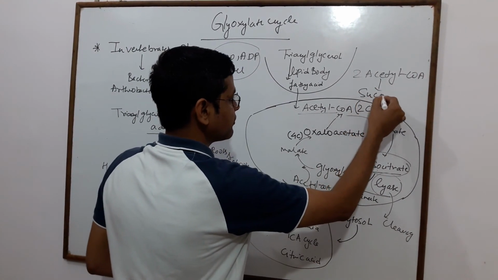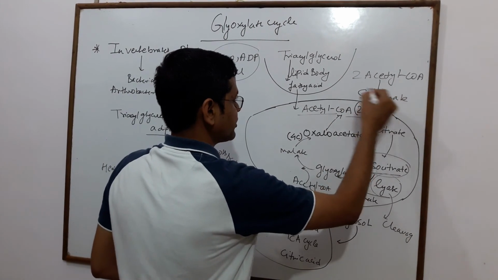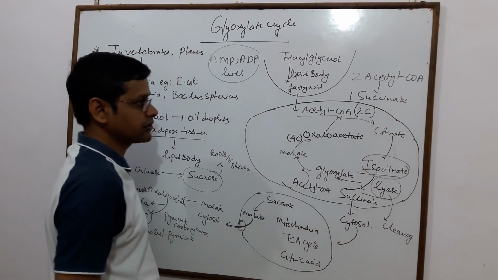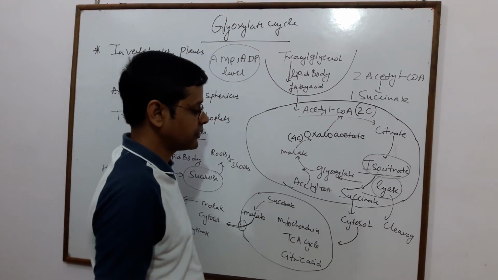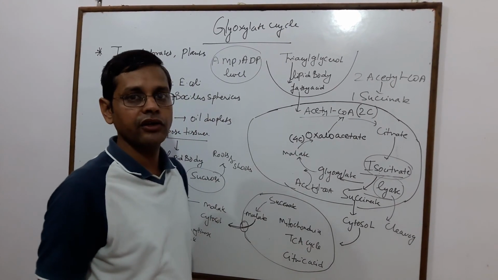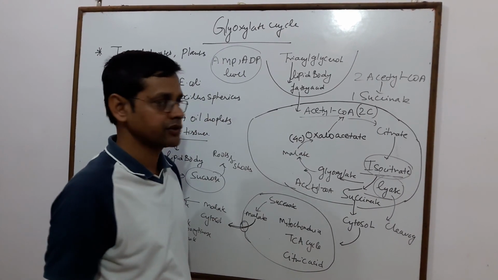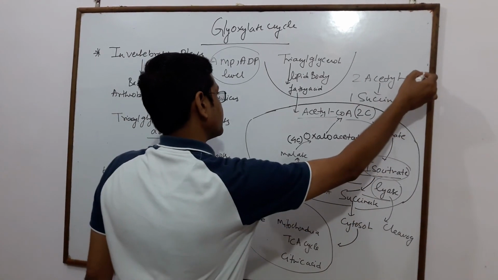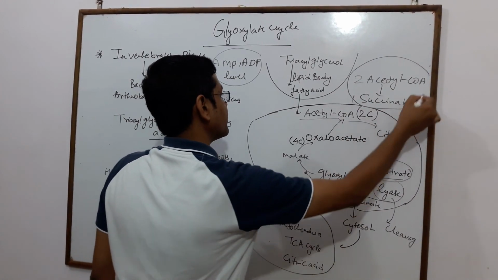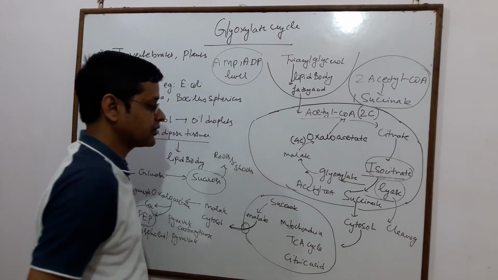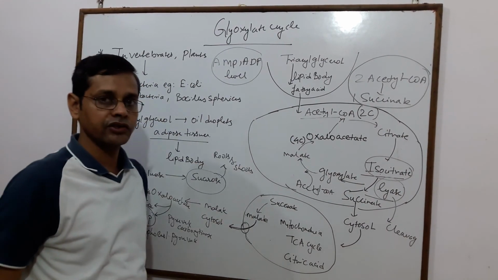There is only 1 mole of succinate produced. Okay, so this is the question which usually arises in GATE and CSIR NET exams. So these are the main points of these cycles. You have to focus on these points.